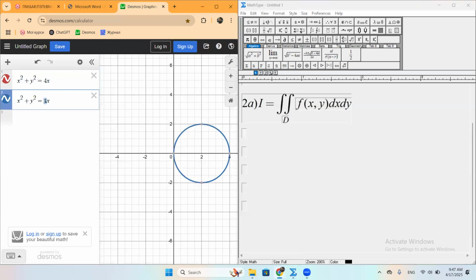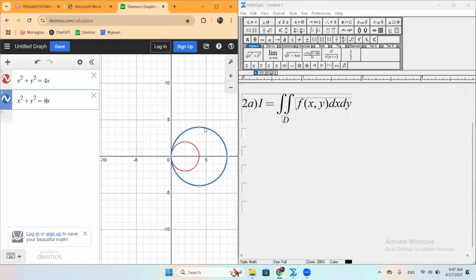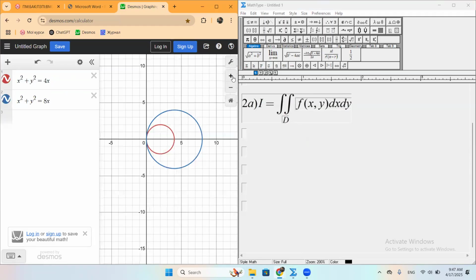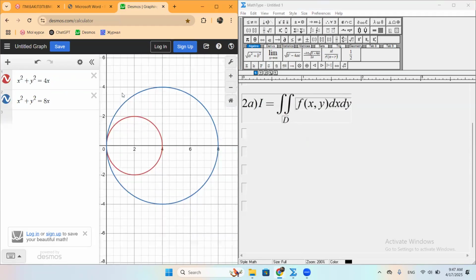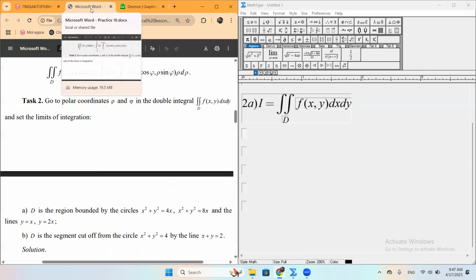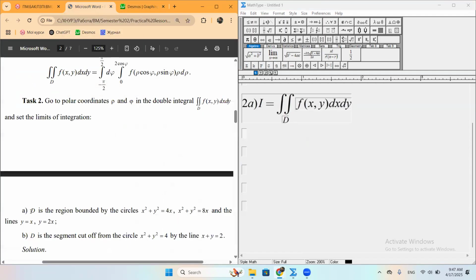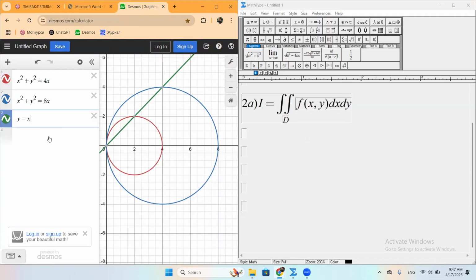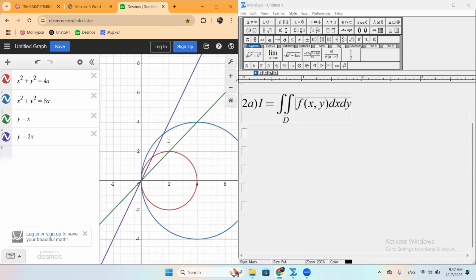It will be changed to 8x. So how does this region look? Then two straight lines: y equals x and y equals 2x. And actually, this is the region of integration.